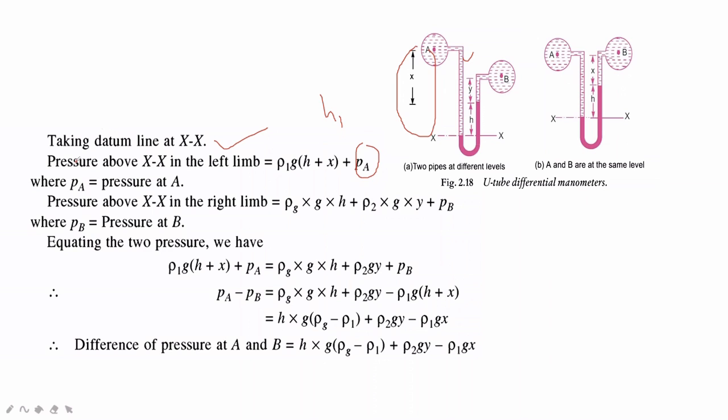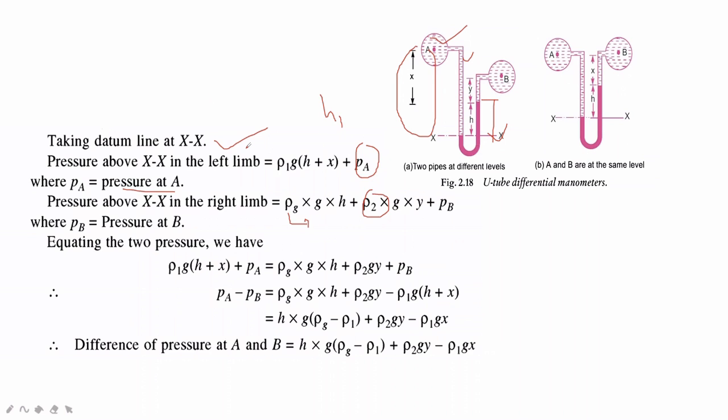Now pa is the pressure at A. For the pressure above x in the right limb, rho g is the density of mercury, the heavy liquid, and g h means it is at a depth of h. Next, rho 2 g y plus pb. Easy, right? Once you remember the figure, it will be too easy.